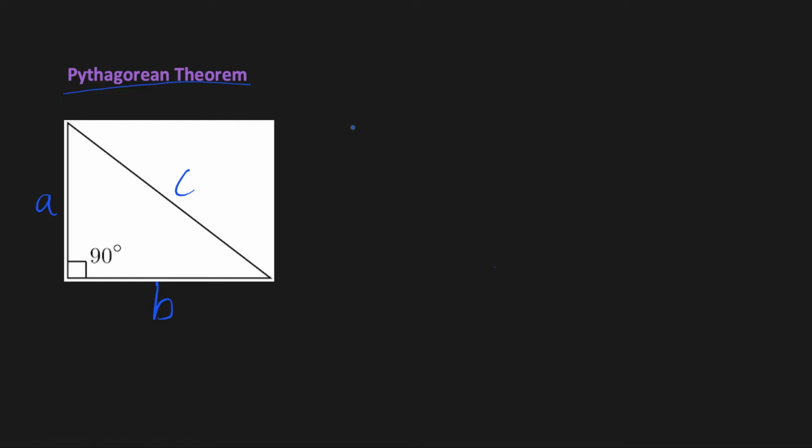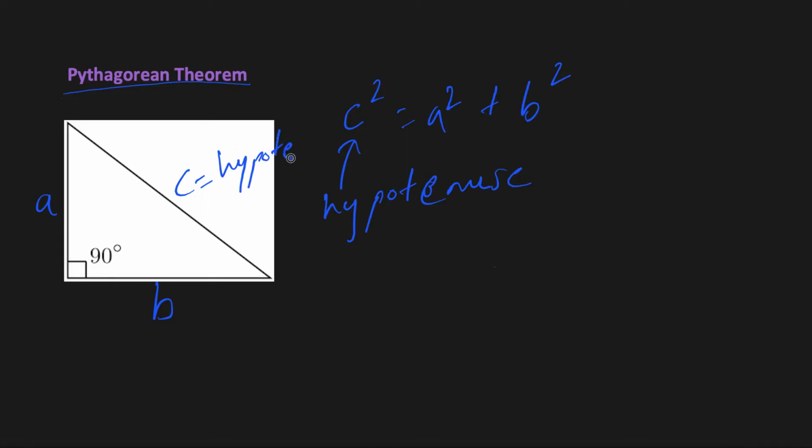In terms of a mathematical equation, this is c squared equals a squared plus b squared, where c is also called the hypotenuse, and the hypotenuse is always the side which is opposite of the right angle, which is 90 degrees. So this is our hypotenuse.